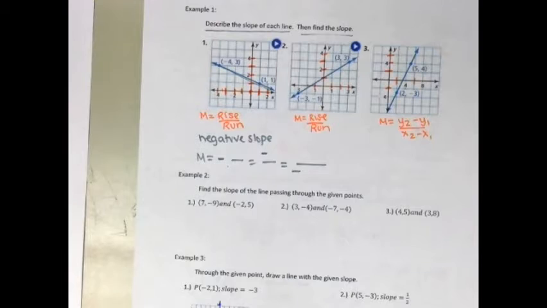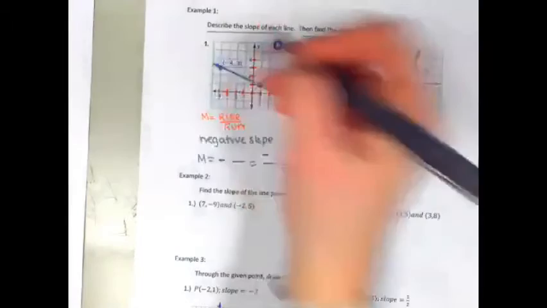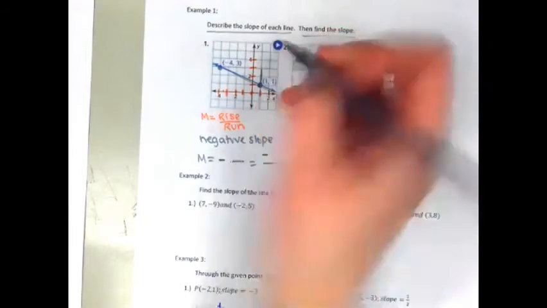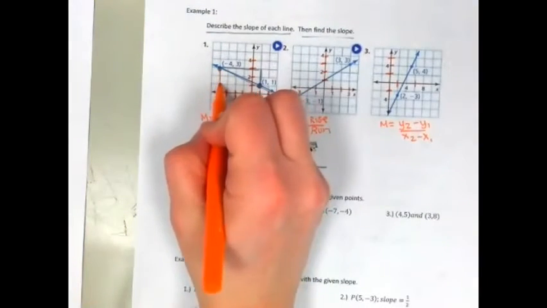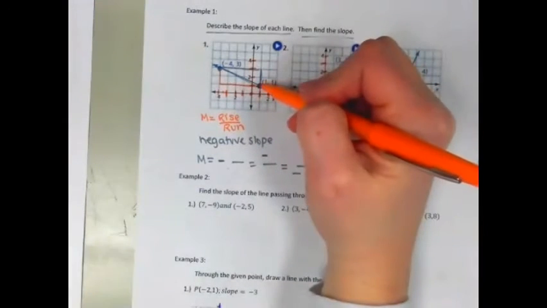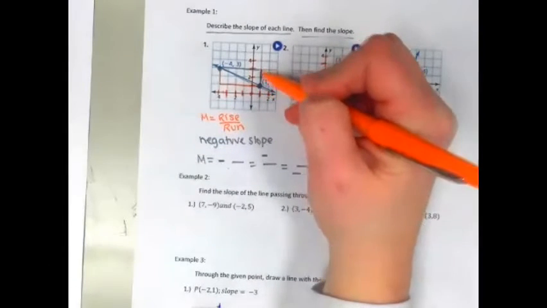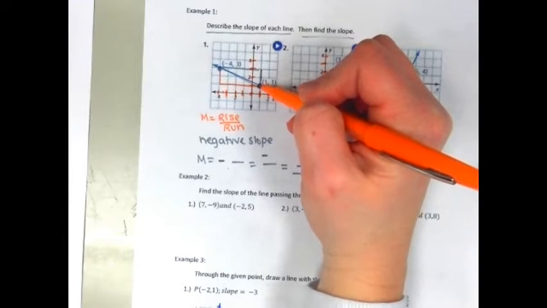And then I go from the points that they're given here, and I make a triangle. You can either make your triangle going up, or you could make it going down. Does it matter? No. And then we count from the point. I'm going to rise what? And remember, you can't start counting until you make a move, right?